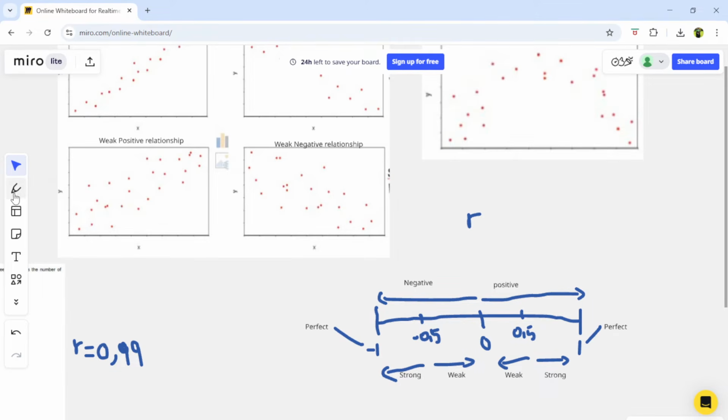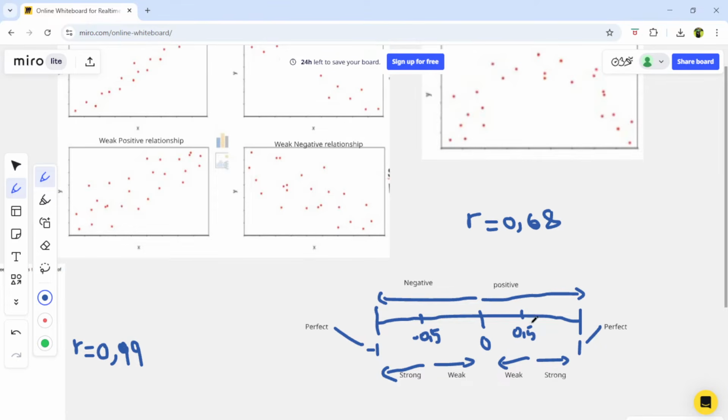Let me give an example here and say r is equal to 0.68. So the first thing you're going to ask yourself is, is this positive or negative? It's positive. You can see there's no negative sign here. And then you ask yourself, is it more than 0.5 or less?